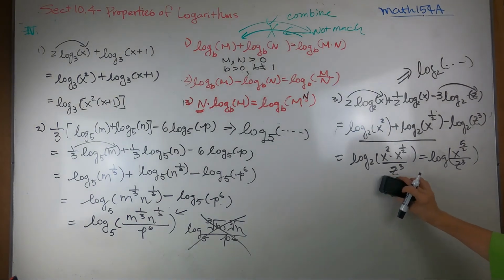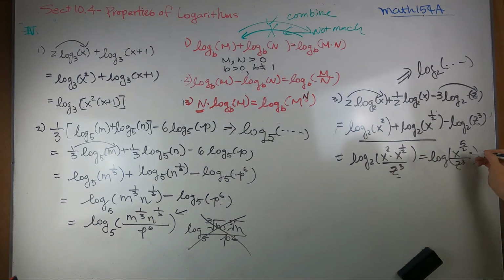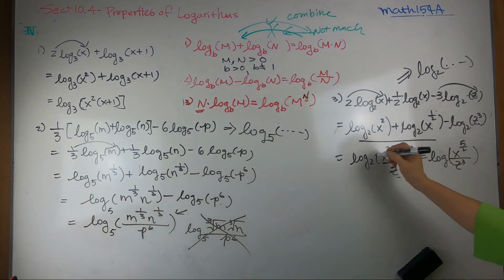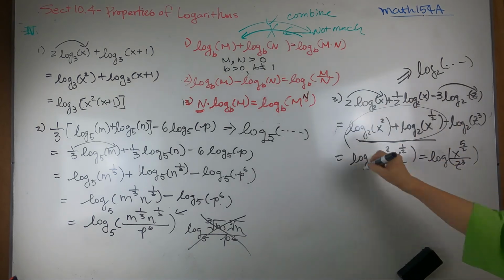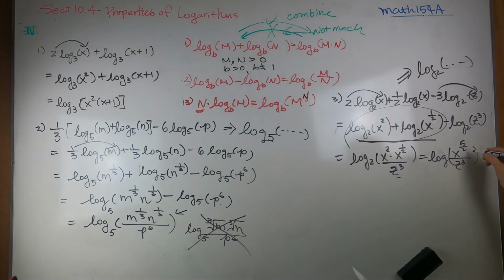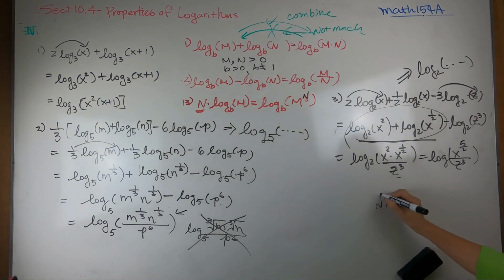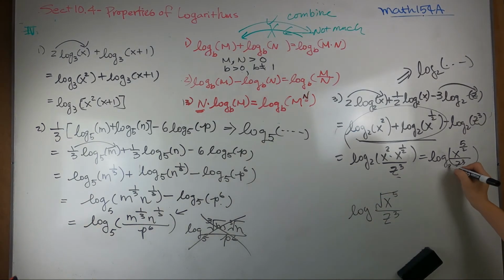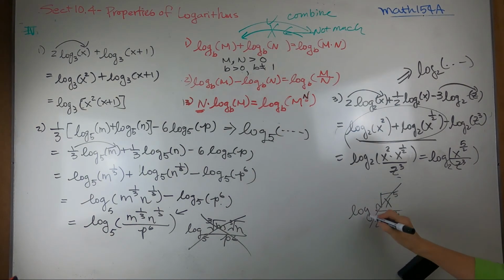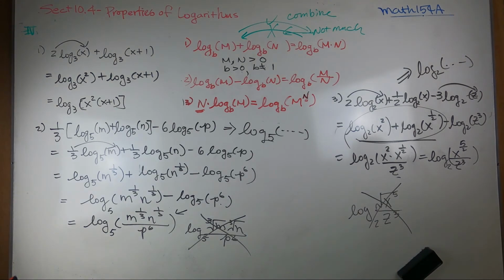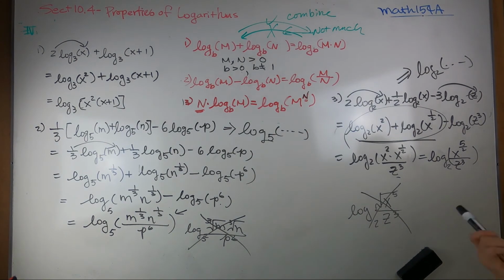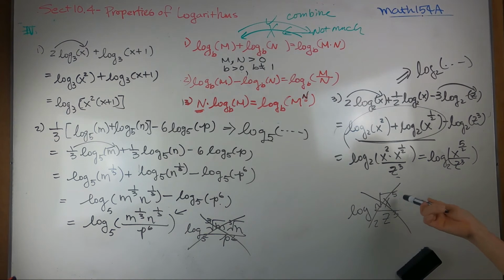Okay? And for this one, x to the 5 halves, right? You don't want to write the 5th power, take a square root, over z cubed, log base 2. You don't do that because the computer doesn't like it, but for the test it's fine because we know the meaning.